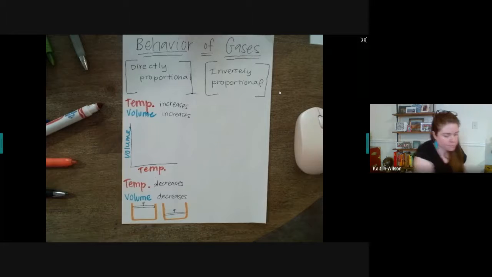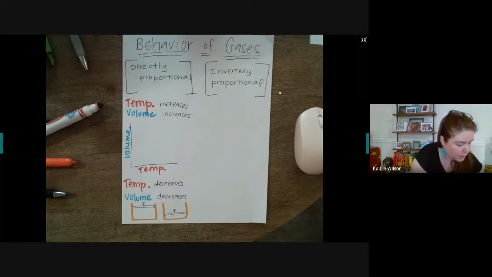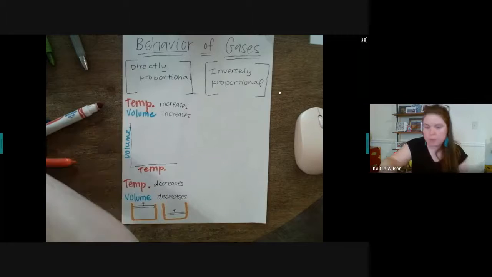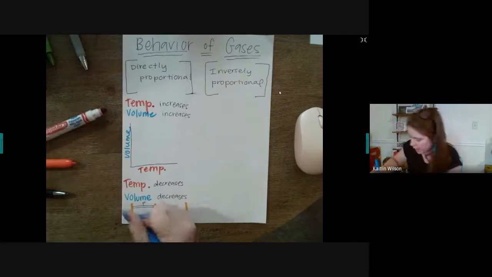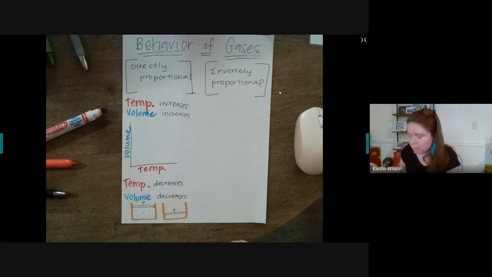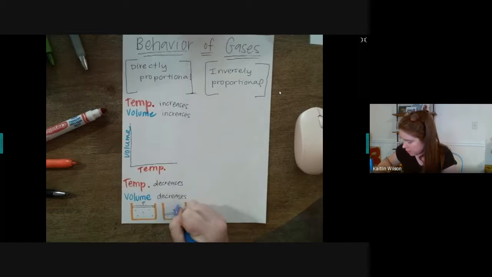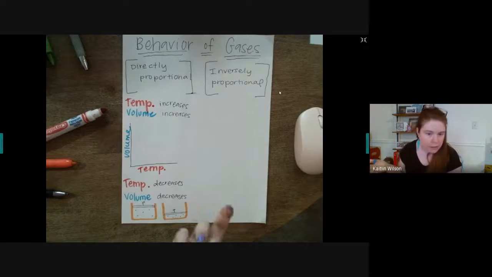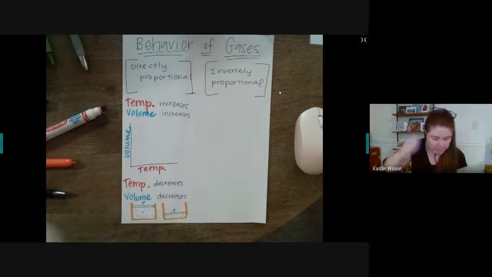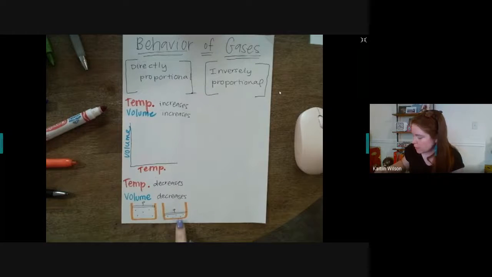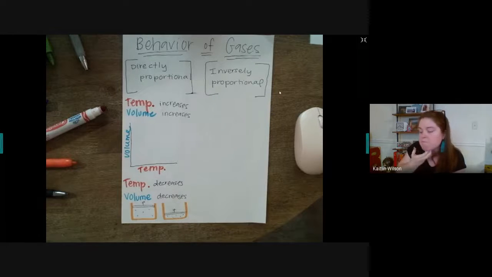I'm going to want to make sure that the number of molecules I have in both sides is the same. So if I have 1, 2, 3, 4, 5 on this side, I want to also have 5 in here just to keep it consistent. So I've got my large volume and my small volume.